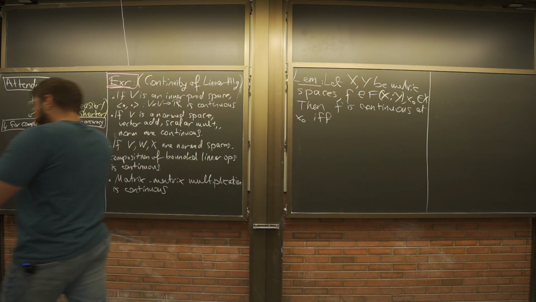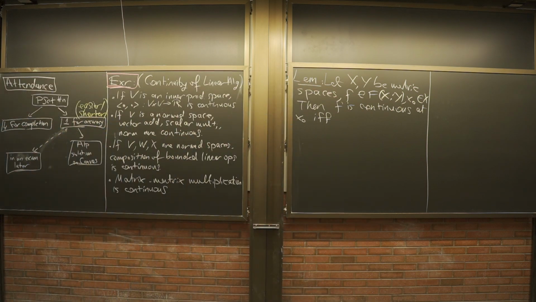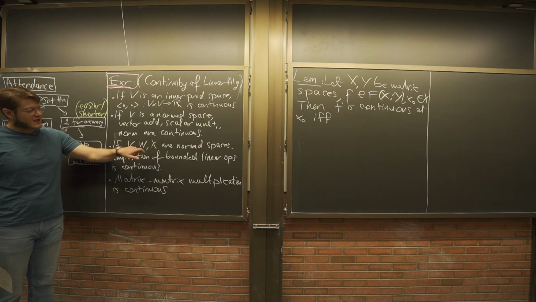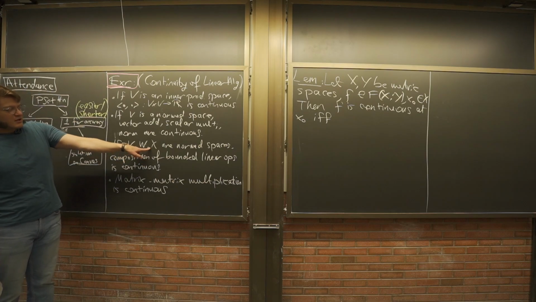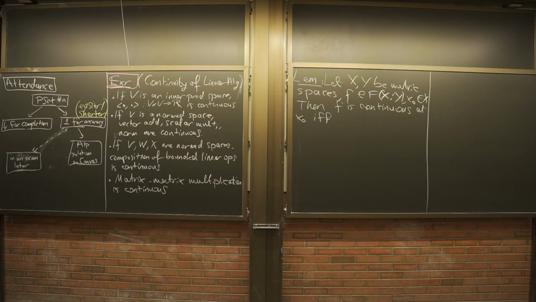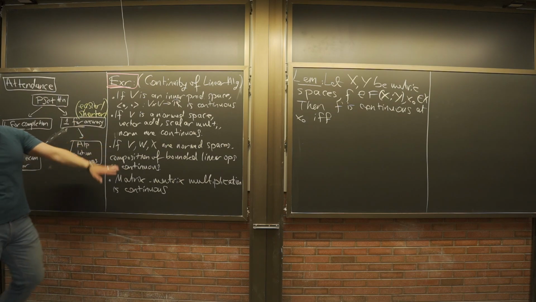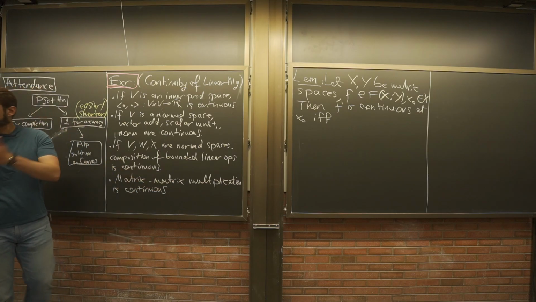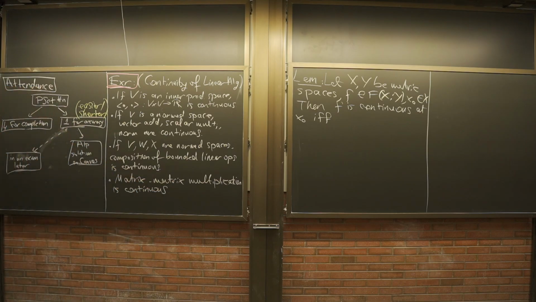And of course, I can compose these two sequences. And the question is, if I were to compose an element from here to there and then an element from here to there, does the limit of the composition converge to the composition of the limits? Right? A special case of this is that if you have two sequences of matrices that you're multiplying, again, there should be continuity.